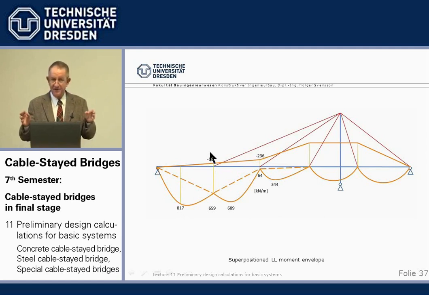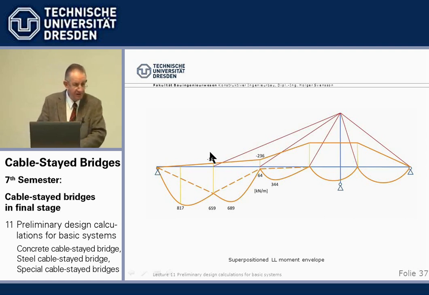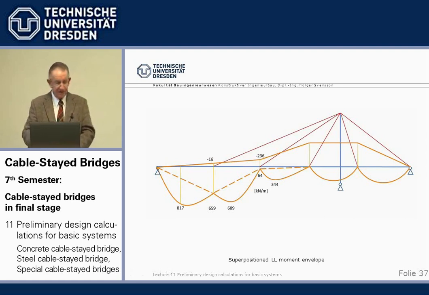I think that's understood, you know what a moment envelope is, combining all the unit loads so that we get the extreme moments at every point. So that's one starting point. Our chosen system has this live load envelope.